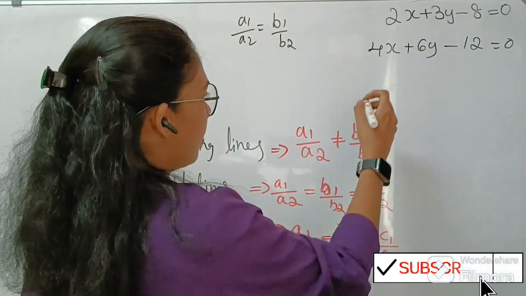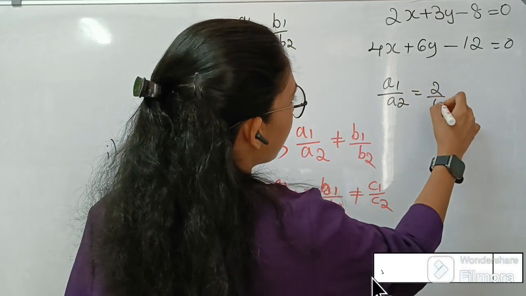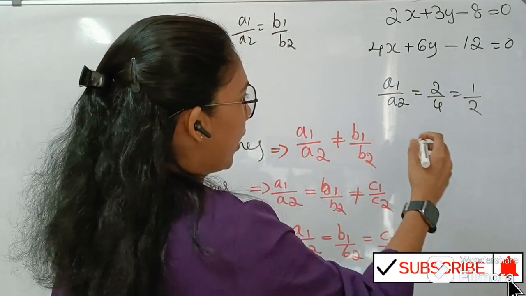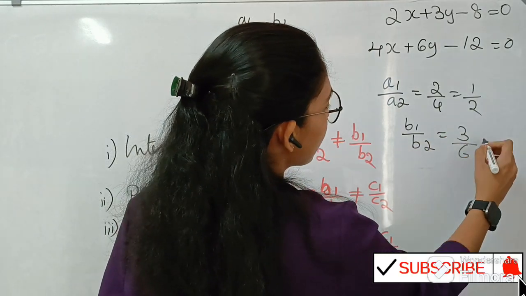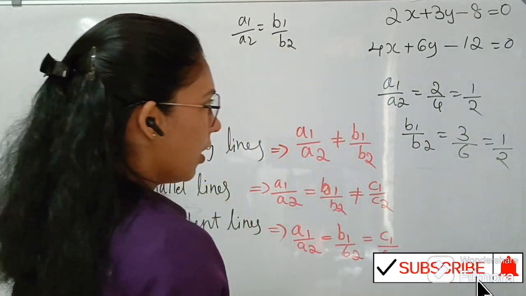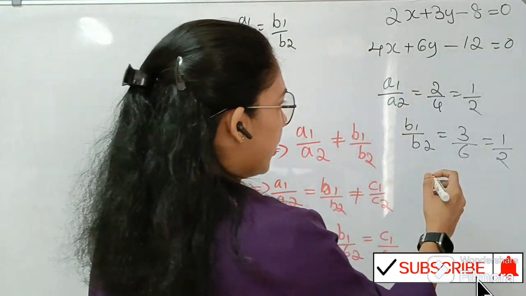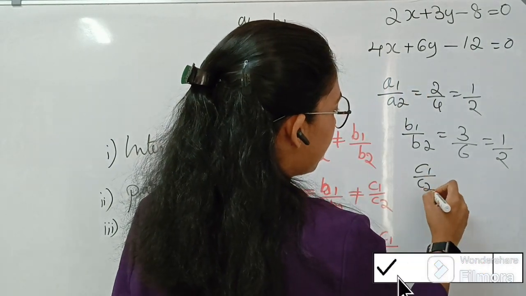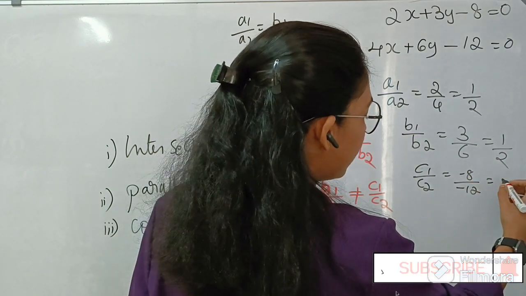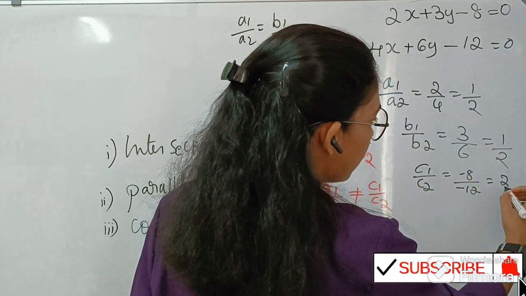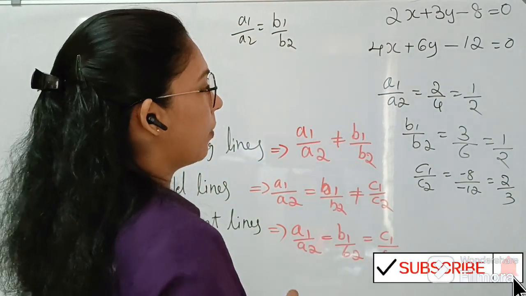Now let's check. a1 upon a2 is equal to 2 by 4, which is equal to 1 by 2. Then b1 upon b2 is equal to 3 by 6, which is equal to 1 by 2. So a1 by a2 is equal to b1 by b2 but not equal to c1 upon c2. c1 upon c2 is equal to minus 8 by minus 12, which is equal to 2 by 3.